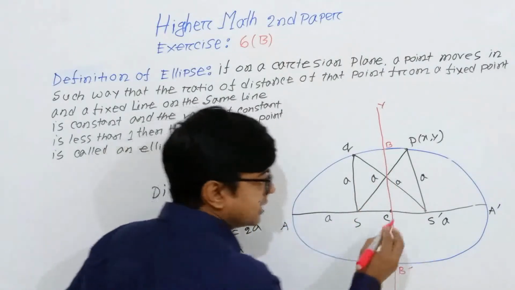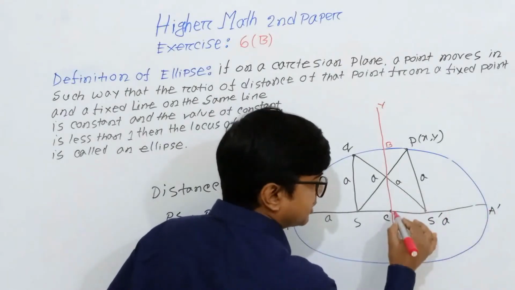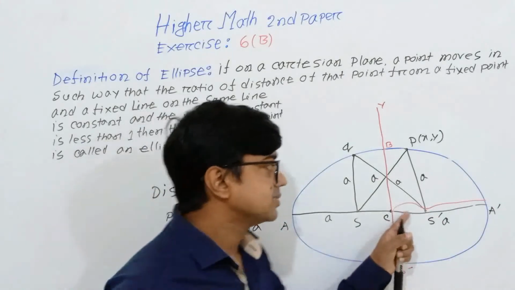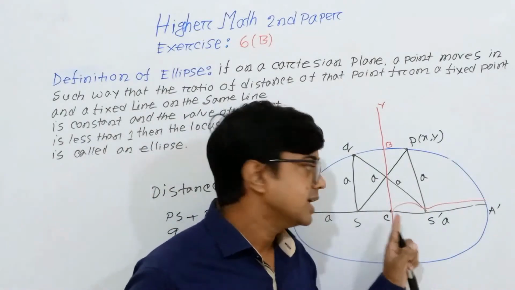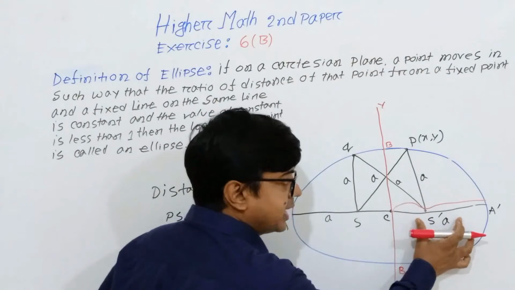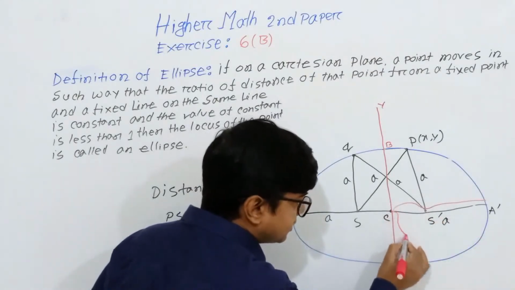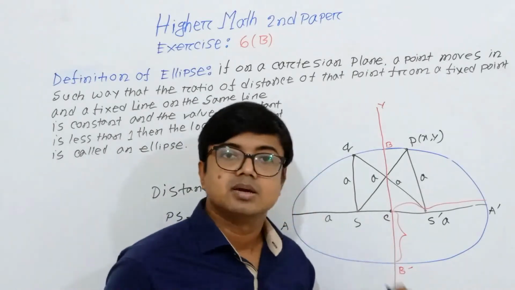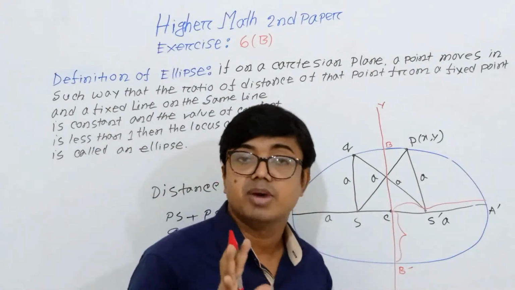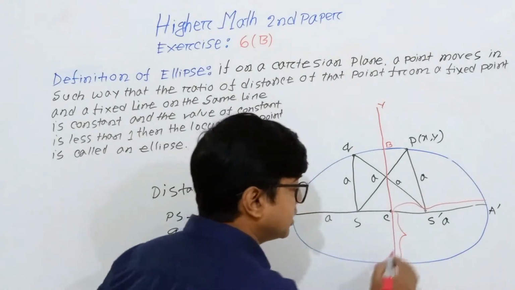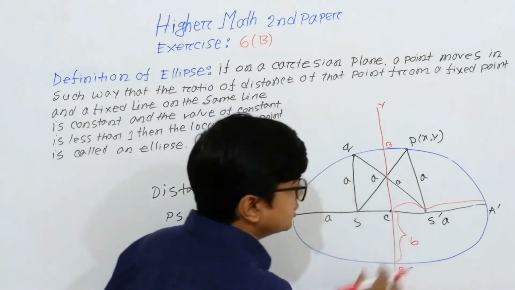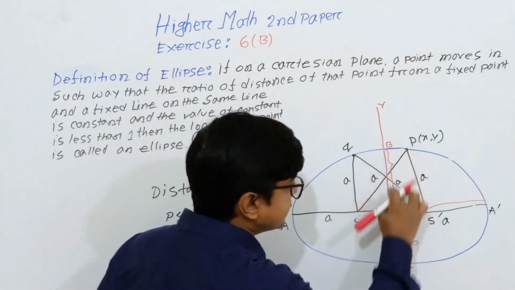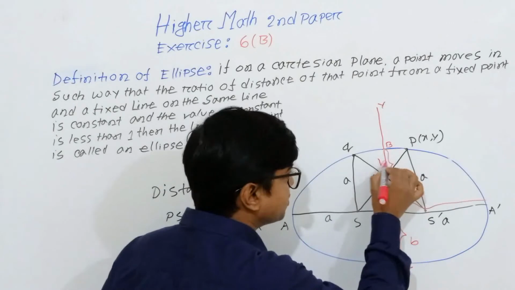And here look at this, CA, this part is also known as semi major axis, which is represented by a, and this part CB prime is the semi minor axis, which is represented by b. That's why this part CB, this part is also b.